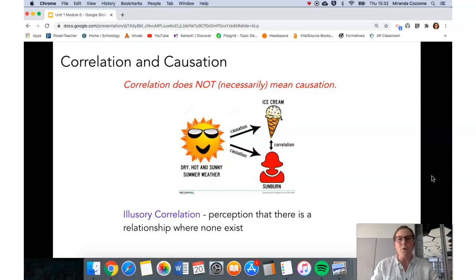So it's important when you're looking at someone else's data and they find a correlation, can we say, yeah, that makes sense, I think those two things probably go together? Or wait a second, I think there might be another factor involved here, okay? So that's an illusory correlation. And that's when we perceive a correlation and it doesn't really exist. There's a third variable that we really need to account for, okay?